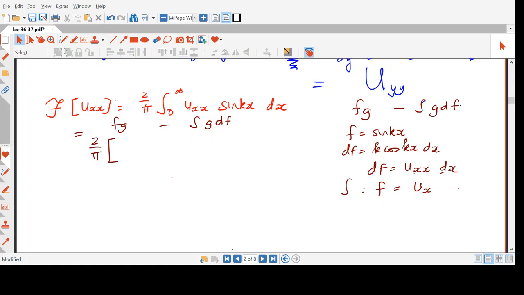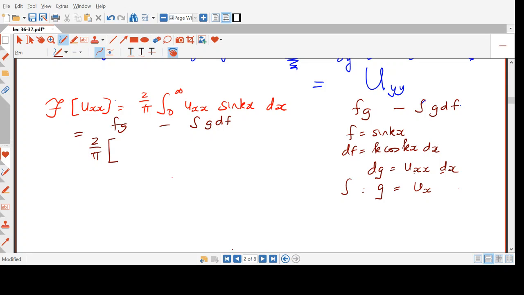This is the df is equal to k cos kx, so this here would be g. This would be g. So we misuse the letters here. This is dg. Let dg be equal to that, so g works out to be ux.